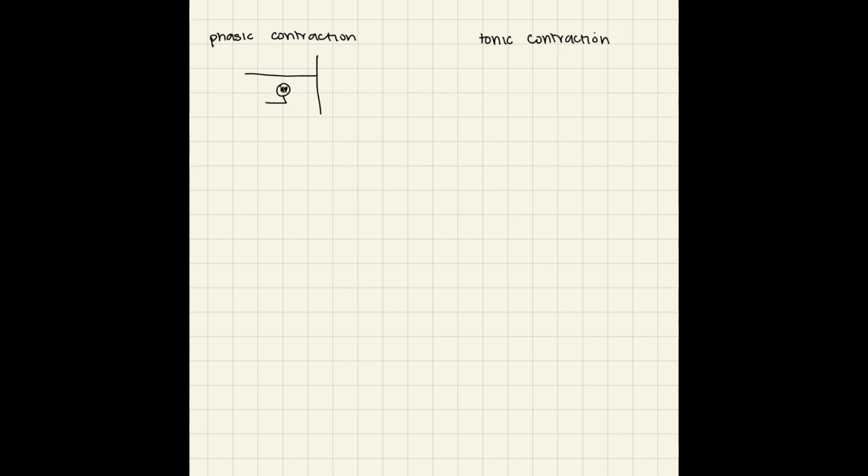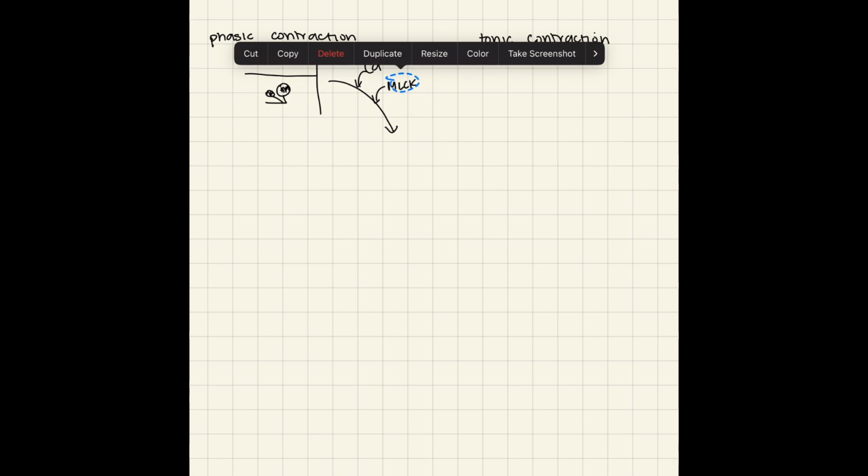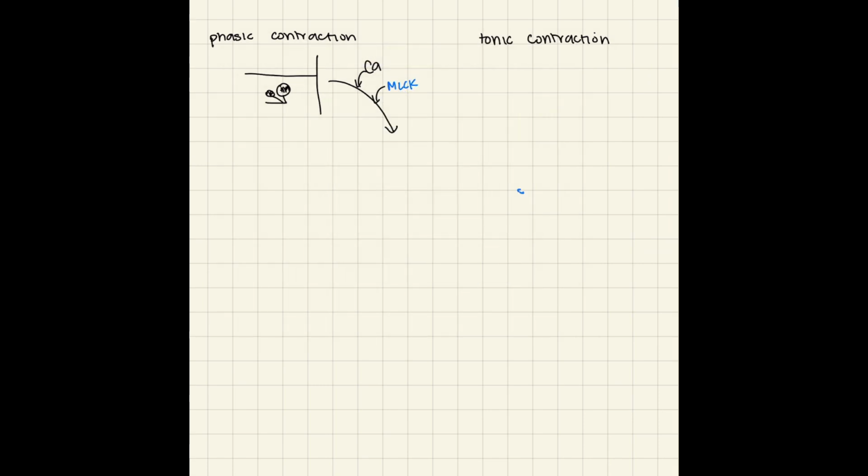So we have ADP and a phosphate connected. Then we're going to add calcium, and we're going to add an enzyme called MLCK, which is myosin light chain kinase. It's going to phosphorylate the myosin light chain. This is new. This doesn't happen in skeletal muscle, so I'm going to make it blue.